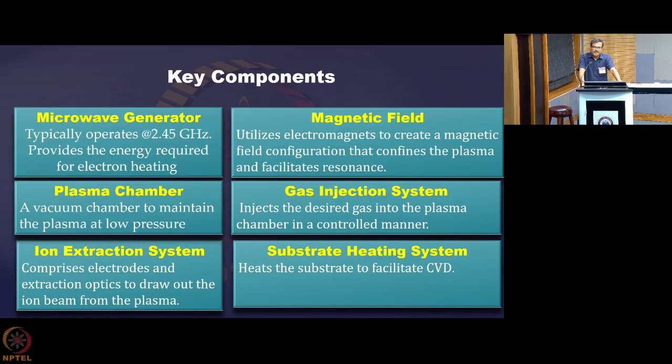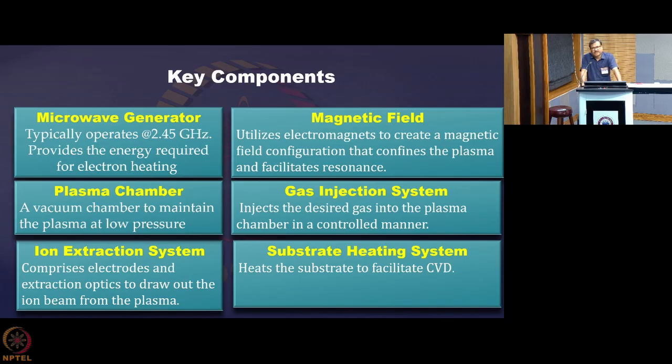So what are the basic components that it has? It has a microwave generator. Typically it operates at 2.45 gigahertz and provides the energy that is required for electron heating. Then we are applying a magnetic field. Using a coil, we produce an axial magnetic field which confines the plasma and facilitates the resonance by gyration.